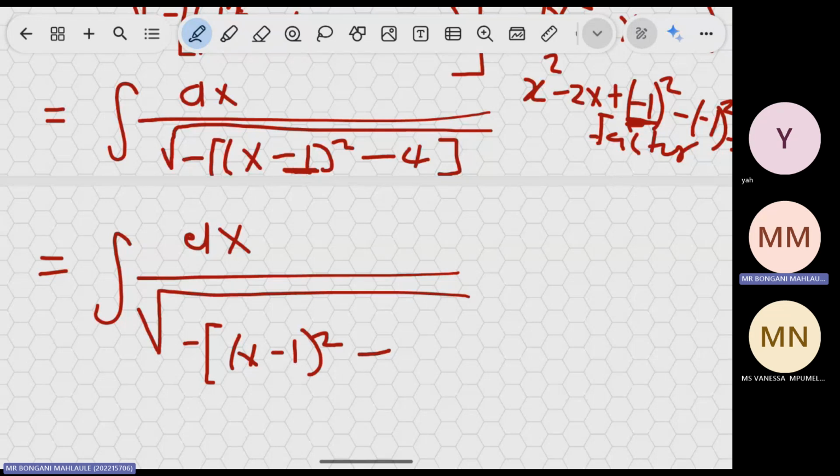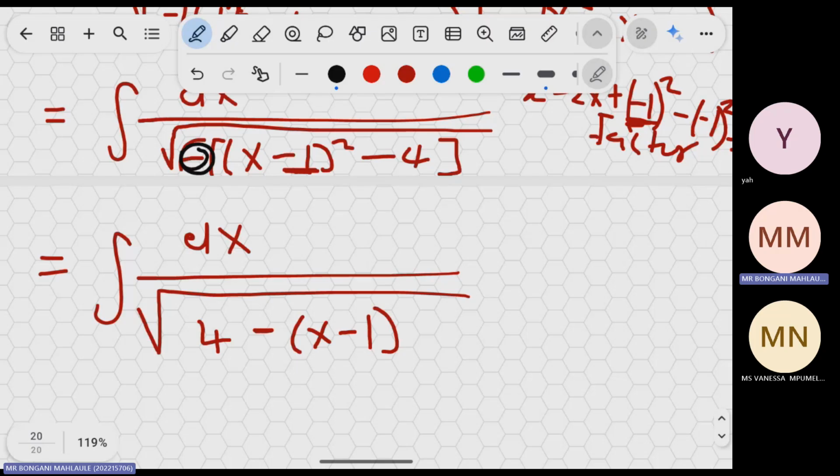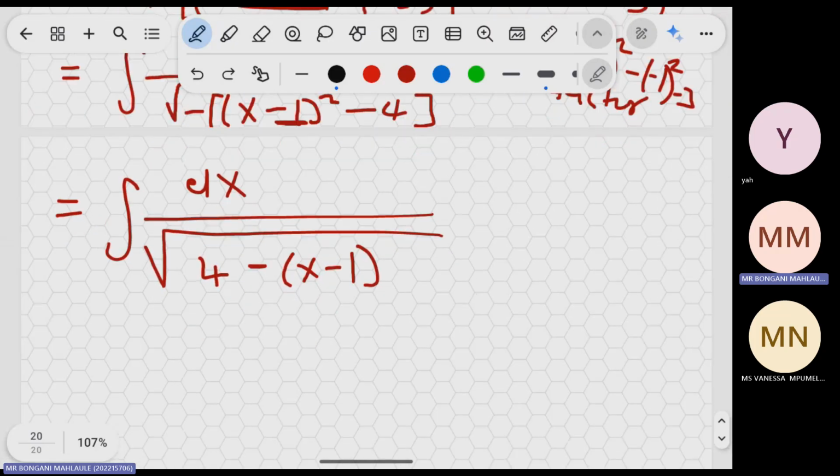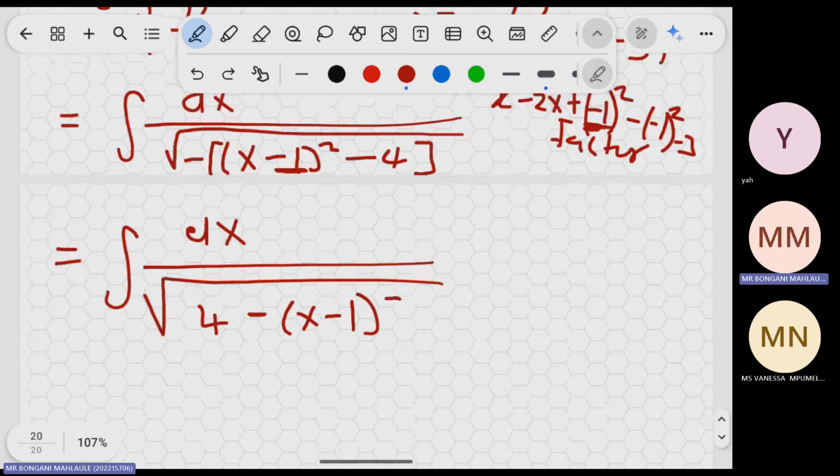Okay, we have that negative, so we must distribute it, right? So we'll have positive 4. I think you can all see this. Here I'm just simplifying this negative out. Hence I was saying it's important to make sure the negative is outside. So now I will have that, and then squared.